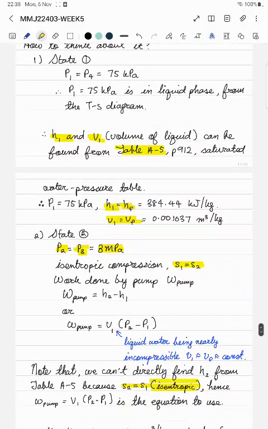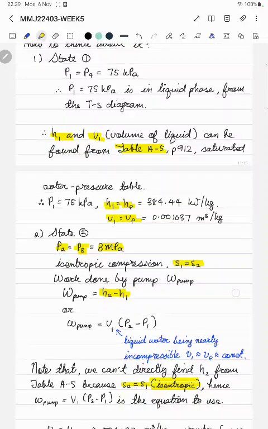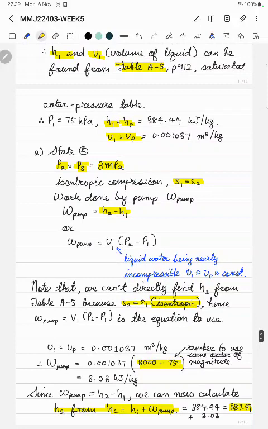The first thing that we need to do, although the work of the pump is in the form of H2 minus H1, is that we cannot really find H2 because S1 is equal to S2. We cannot directly use our table. So we have to look at the work done by the pump first. In this case, because liquid water is nearly incompressible, the volume V1 should remain about constant.